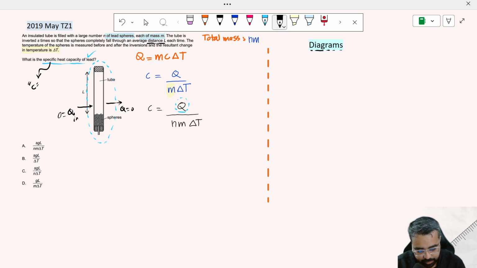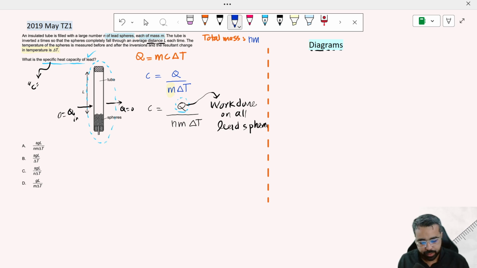So students, this heat comes from the work done on all lead spheres. In this context, I'm writing that the work done is always equal to the change in energy. It can be a change in any energy. For this specific question, this is the change in thermal energy.